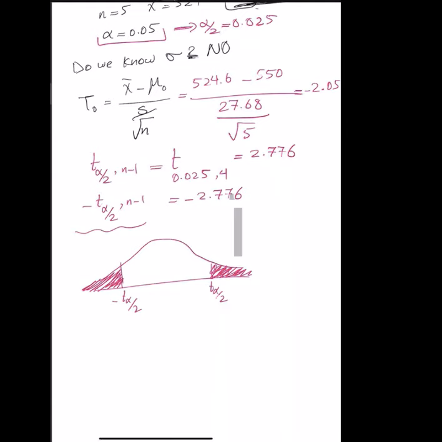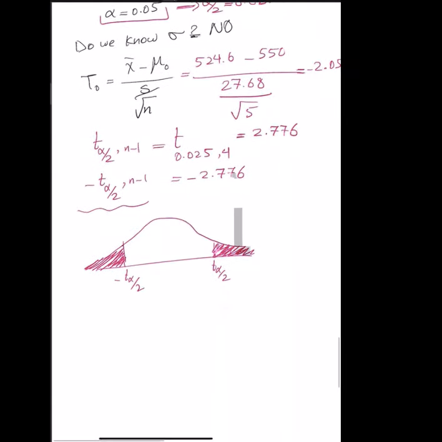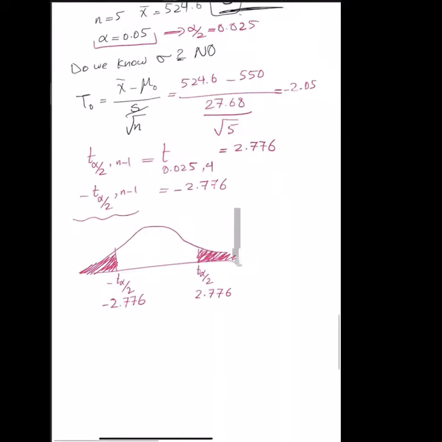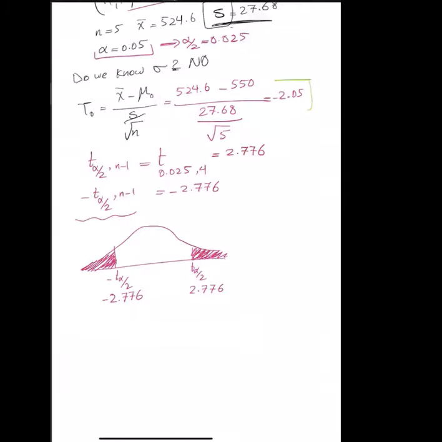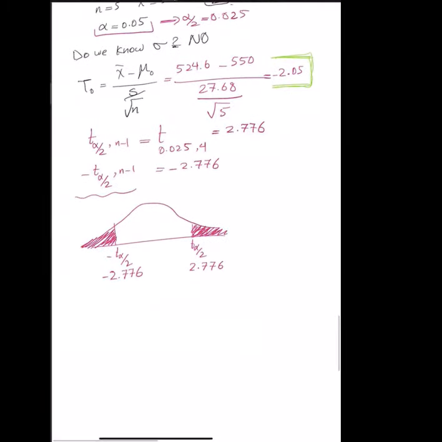The T of alpha over 2 that I have obtained is 2.776 or minus 2.776, and the value of the test statistic T0 is this value. Tell me your conclusion. How do you compare the value of the test statistic with these critical values?